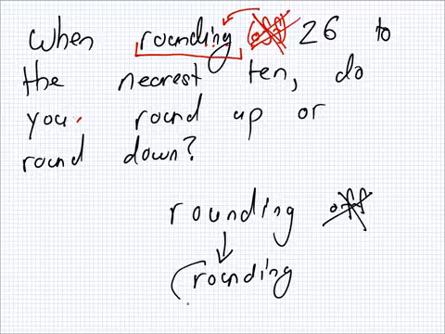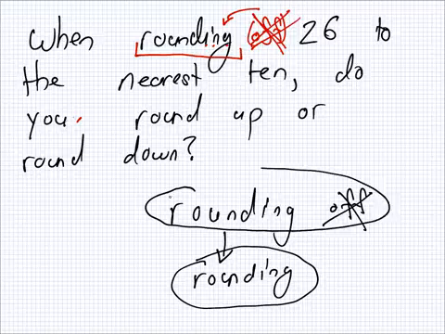So nowadays, most people just say rounding, but really maybe it should be rounding off. I'm sure it's the same in Chinese and Korean, but you know, language changes over time. Did you write this down?